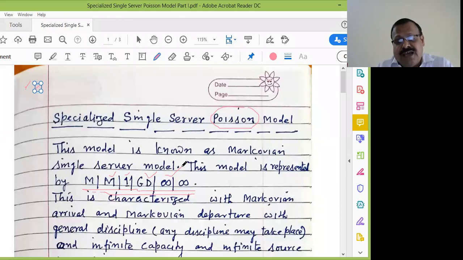Means the capacity of the system through the queuing model is infinity. So 10 beds in some hospital, 25 beds are arranged in some hospital. Somewhere the quarantine system is going on.